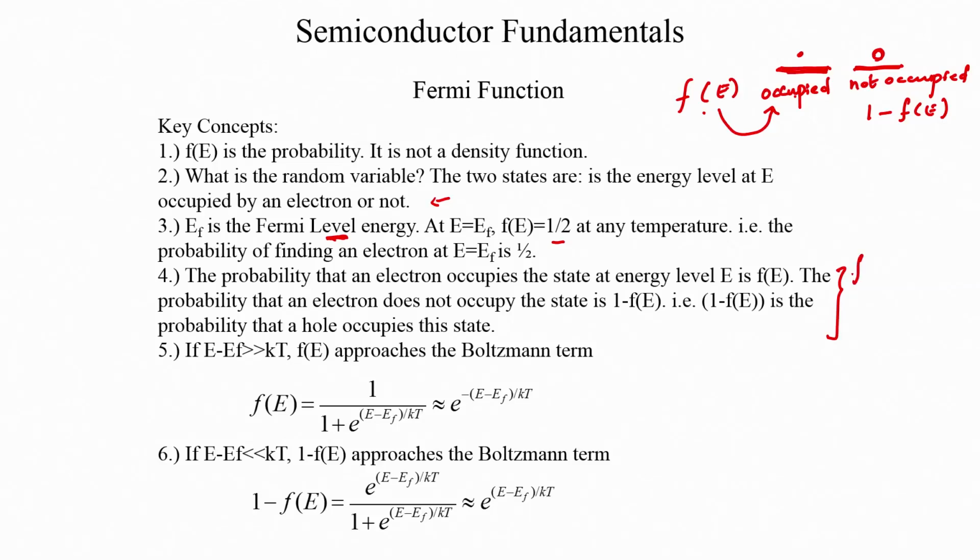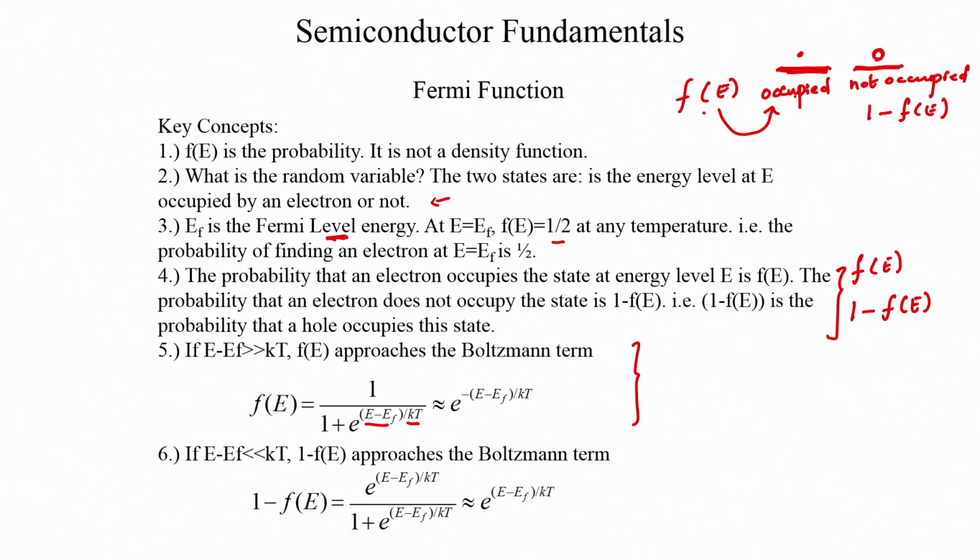So, f of E is the probability that a state is occupied by an electron, and 1 minus f of E is the probability that that state at energy level E is occupied by a hole.